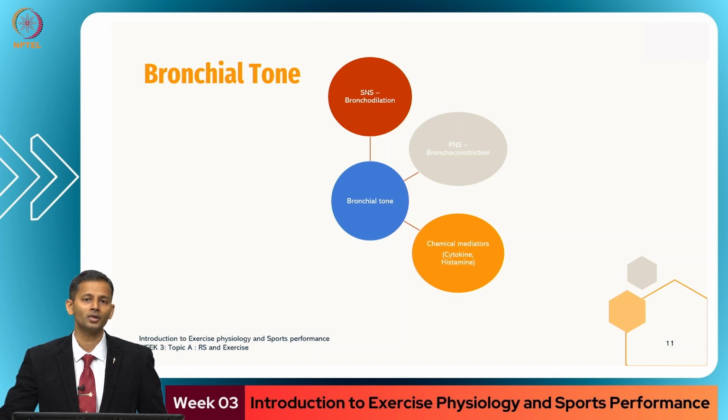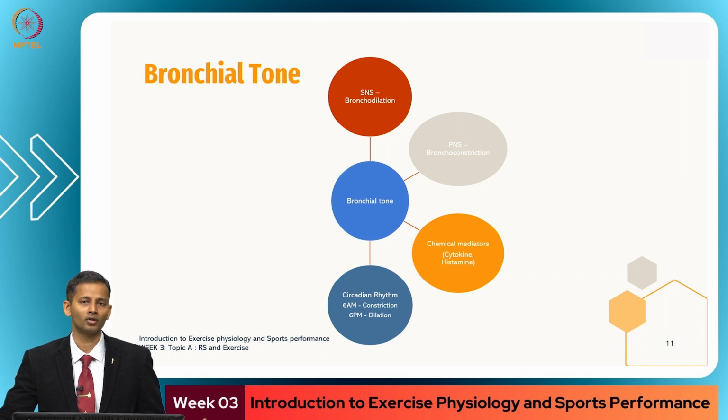Also, certain chemical mediators affect the bronchial tone. They are histamine and the cytokines. In addition, there is change in the bronchial tone with time of the day, what we call the biological clock or the circadian rhythm. Say at 6 a.m. in the morning, the airway is generally constricted.